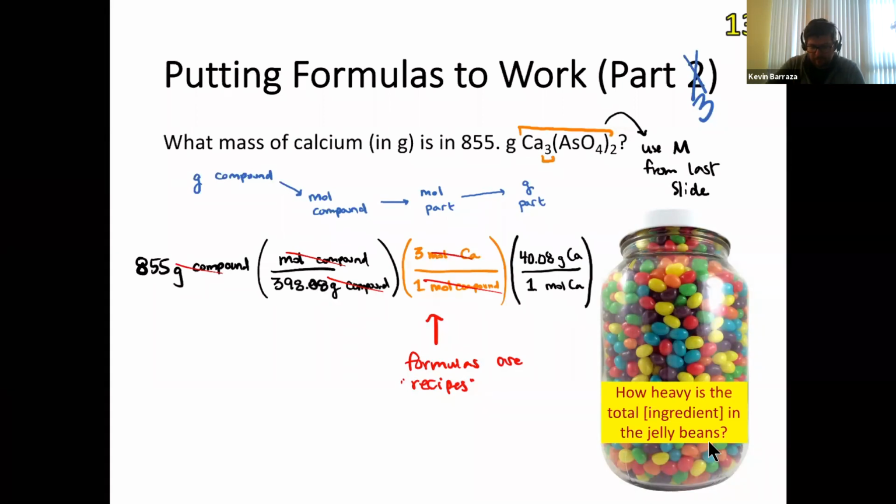Cancel and cancel. We have now converted grams of compound to grams of just calcium. When we plug this into our calculator, we get 258 grams of calcium.